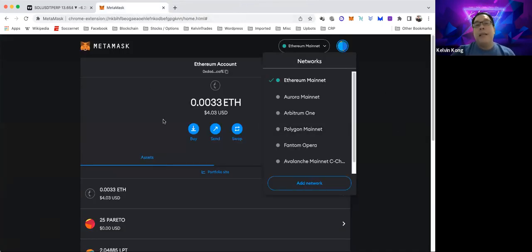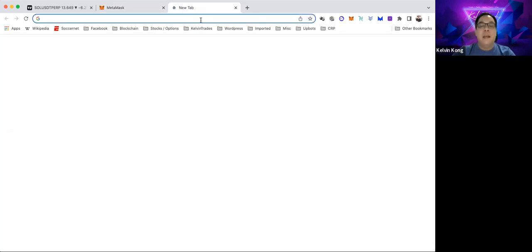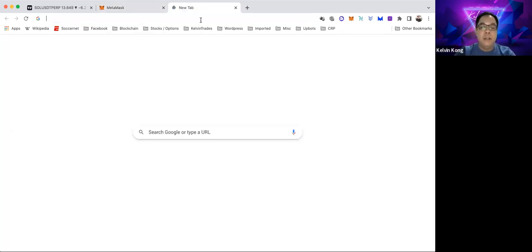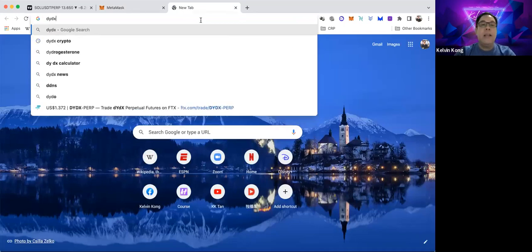So besides helping you to store your coins, you can also connect MetaMask to decentralized exchanges to trade. For example, this decentralized exchange called DYDX.